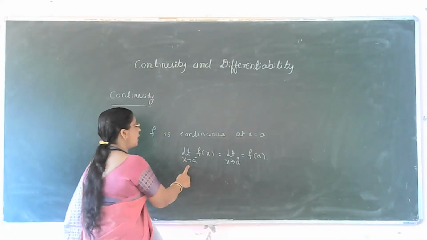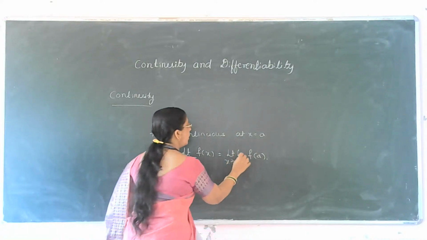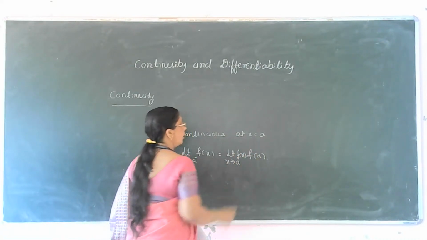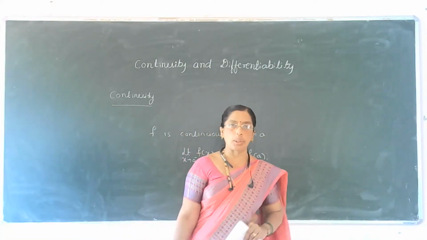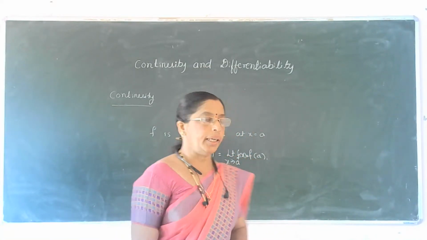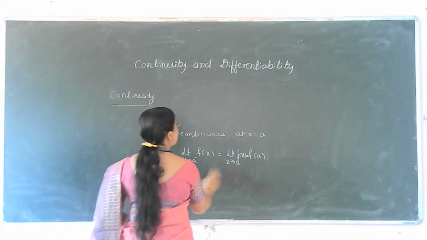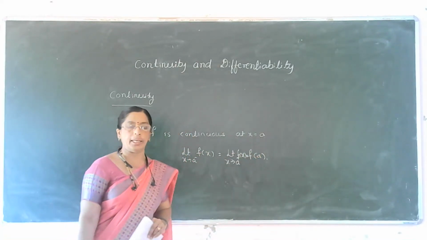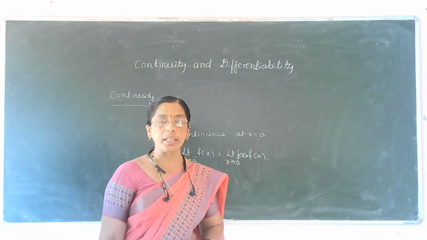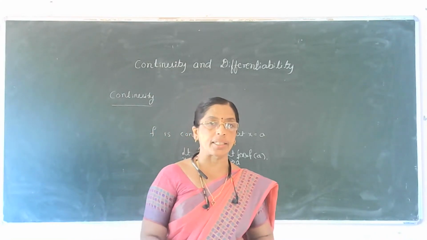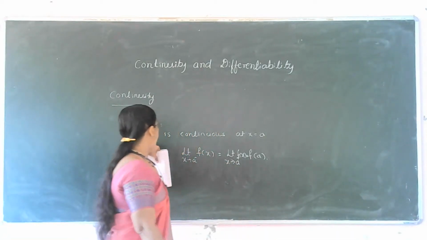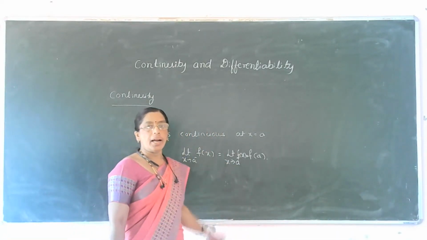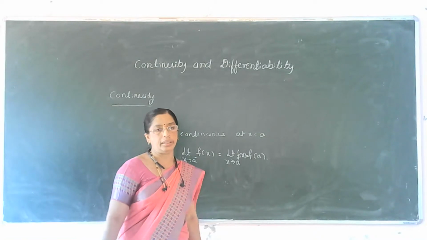That is, the left hand limit, the right hand limit, and the value of the function at x equal to a are equal or coincide. Then the function is continuous at x equal to a.